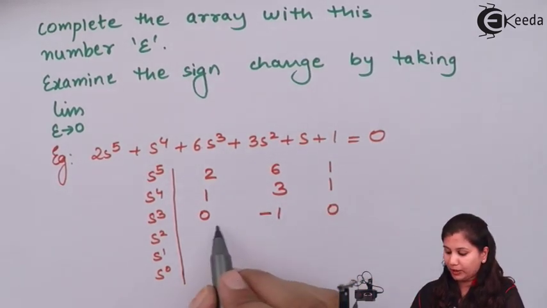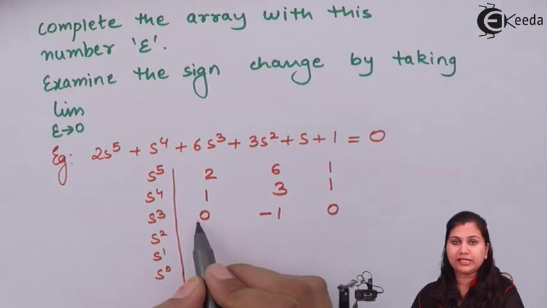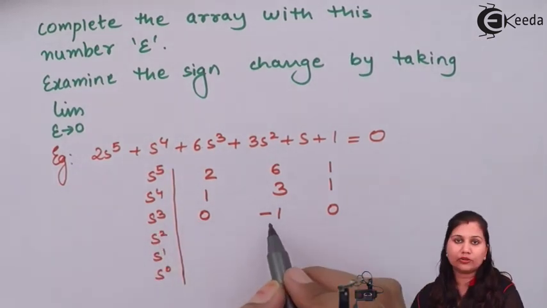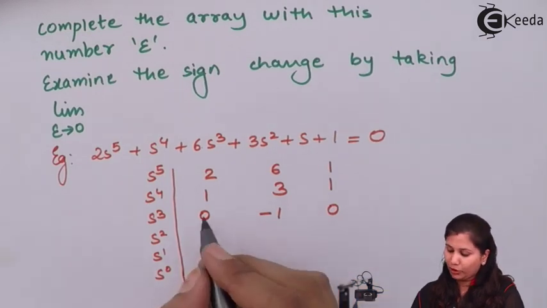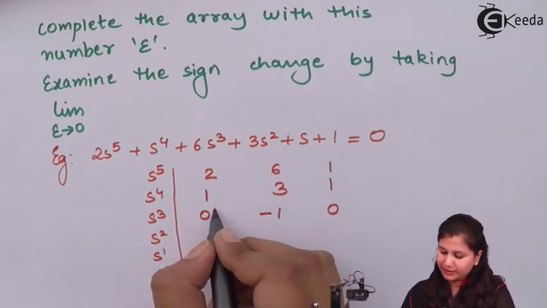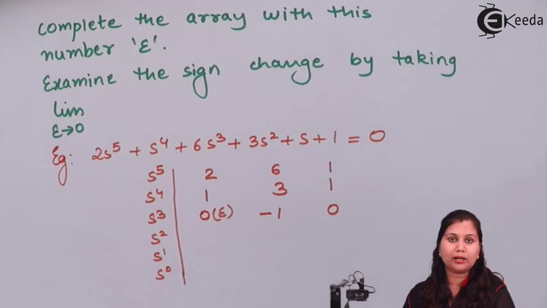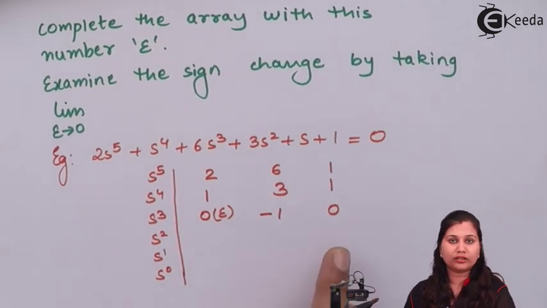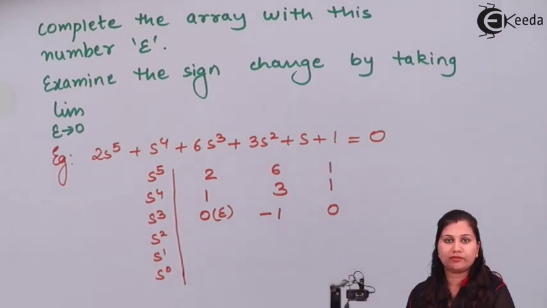So here we have encountered the condition that the first element is coming out to be 0 and this row has one non-zero element. So what we are going to do, we will replace this 0 by epsilon, a positive number. Then we are going to build the rest of the Routh array by using this positive number.